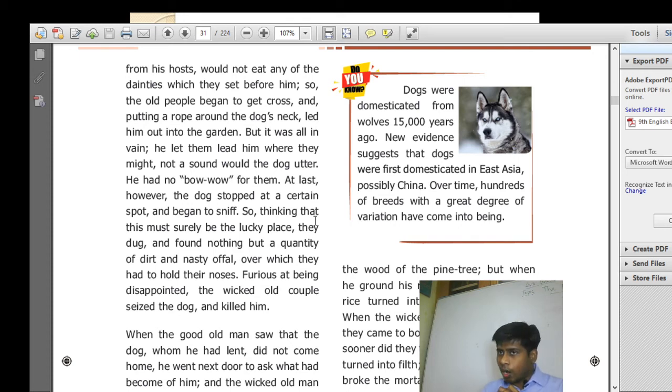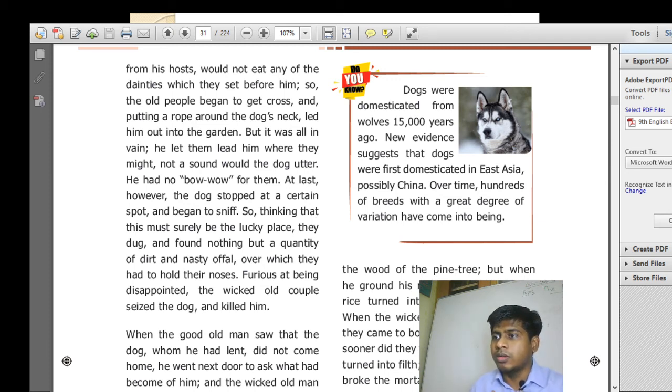He had no bow wow for them. At last, however, the dog stopped at a certain spot and began to sniff. So thinking that this must surely be the lucky place, they dug and found nothing but a quantity of dirt and nasty offal, over which they had to hold their noses. Furious at being disappointed, the wicked old couple seized the dog and killed him.